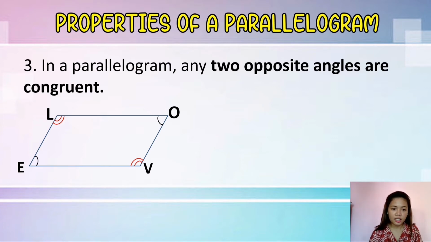So as you can see, it is shown here that L and V are the opposite angles, the first pair of opposite angles, and the other pair is angle O and angle E. So, angle L is congruent to angle V, and angle O is congruent to angle E.